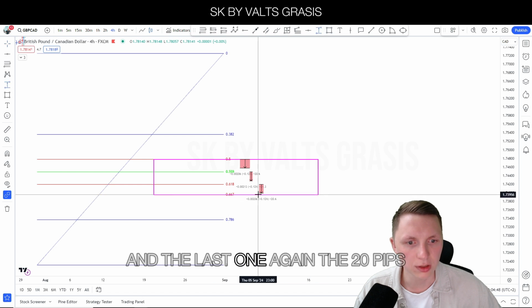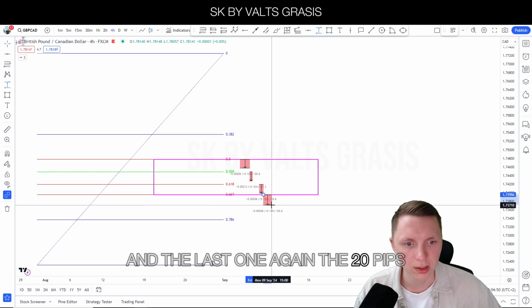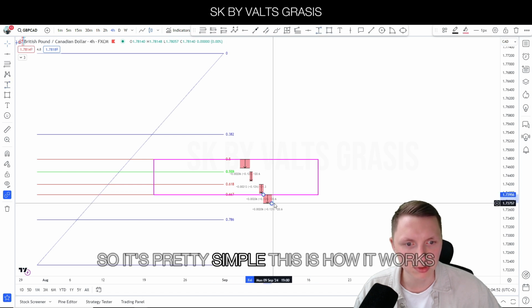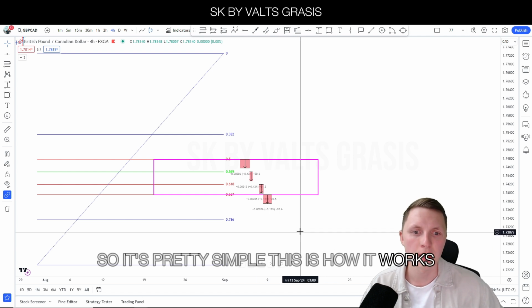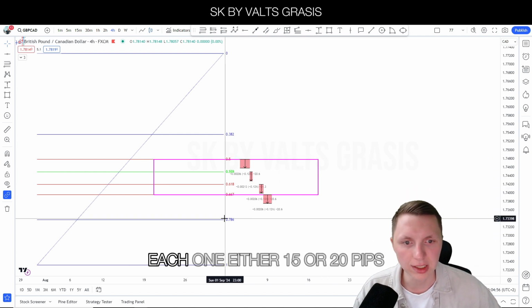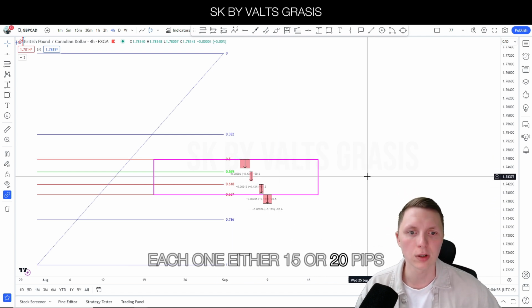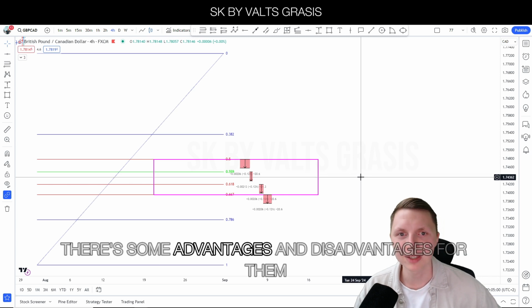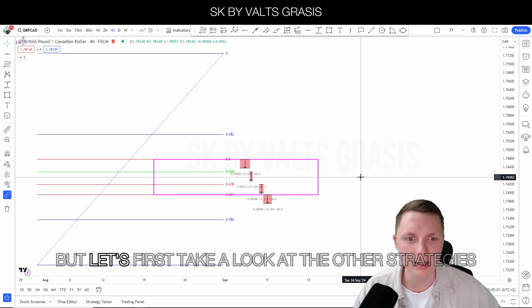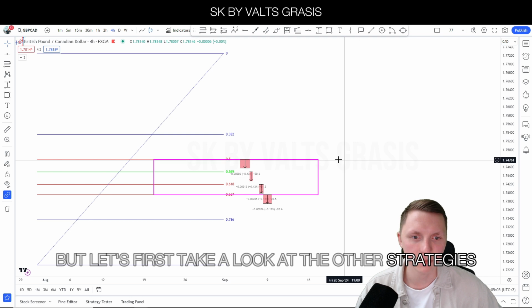And the last one, again, the 20 pips. So it's pretty simple. This is how it works. You just basically enter at each level, either 15 or 20 pips. So there are some advantages and disadvantages for that, but let's first take a look at the other strategies.